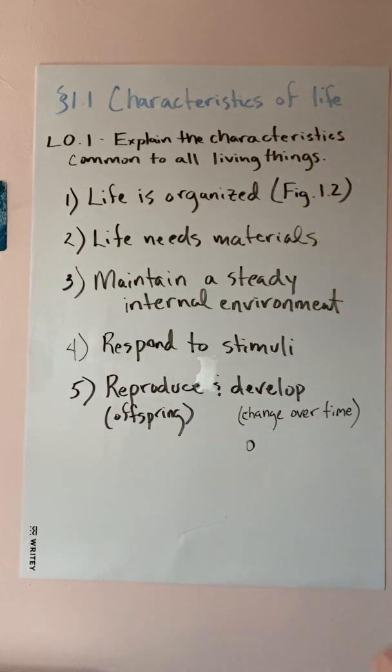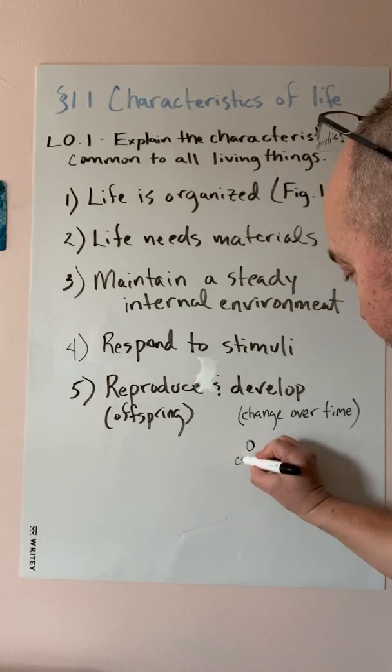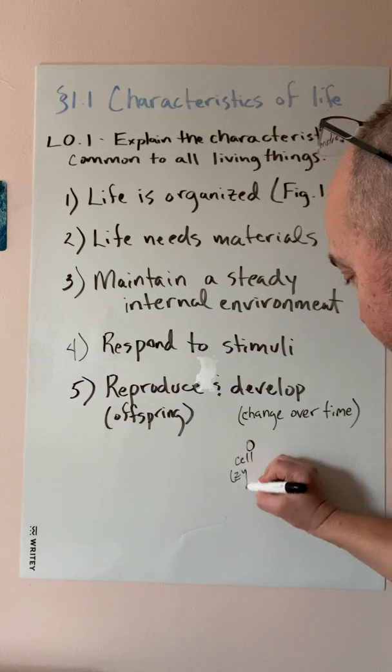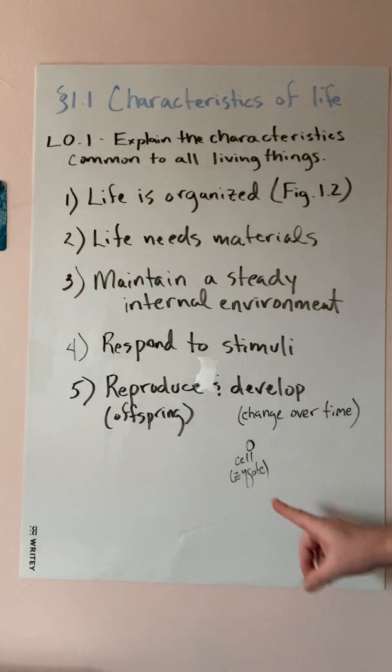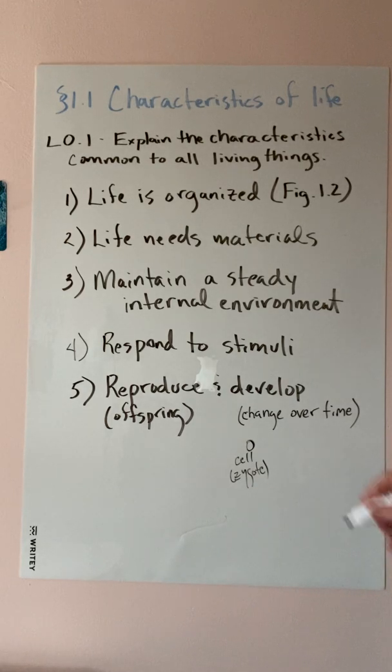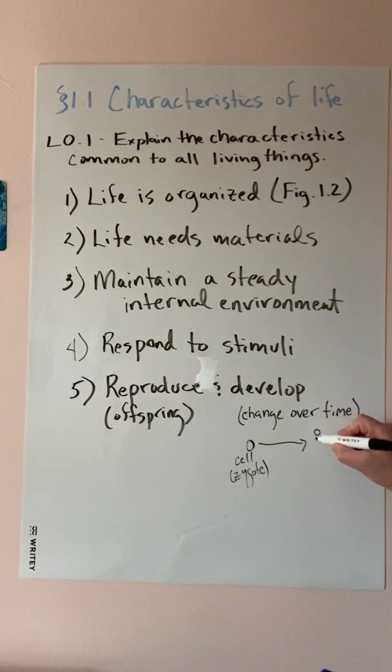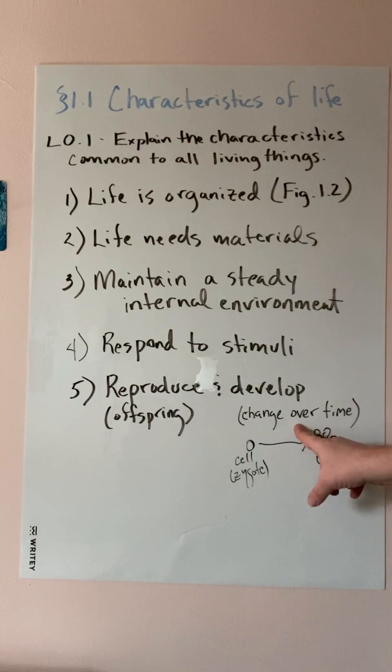So you will start off as a single cell. So here's the single cell. This is called a zygote. So when your mom's egg meets your dad's sperm, it produces a single cell called a zygote. You will then undergo mitosis, and you will, over time, become multicellular. And then over time, different parts of those cells will begin to specialize. Some will become the nervous system, some will become the skeletal system, some will become the muscular system. You change over time.